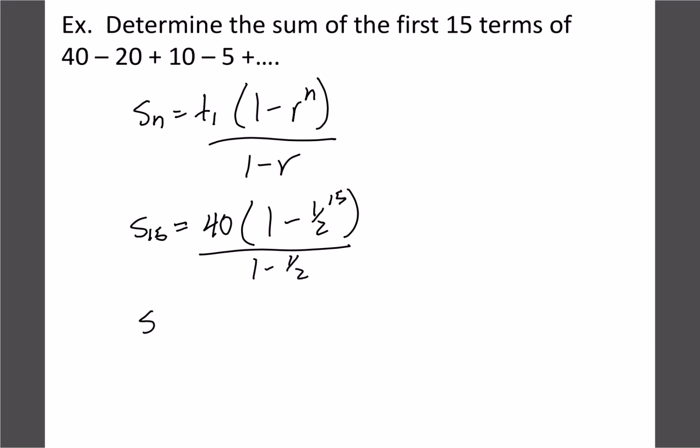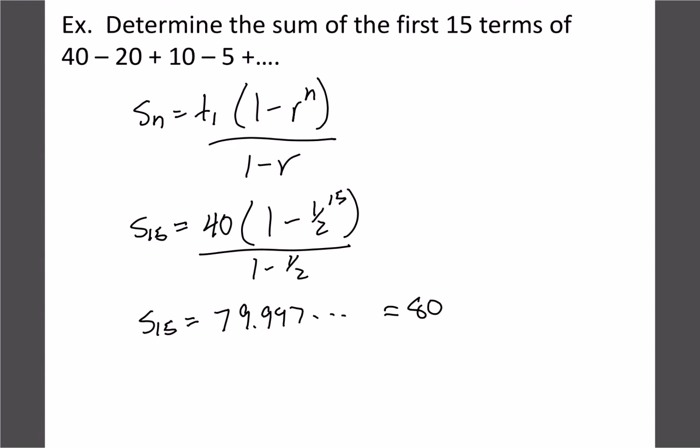It's a little more complicated to calculate, but just use your calculator. Go 40 times brackets 1 minus 0.5 to the 15, which gives a really small decimal, and divide that by 1 minus a half, which is 0.5. We get 79.9997, and so on. It's a repeating decimal, so we'll round this off to 80.